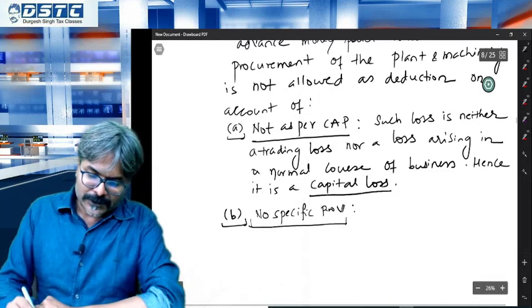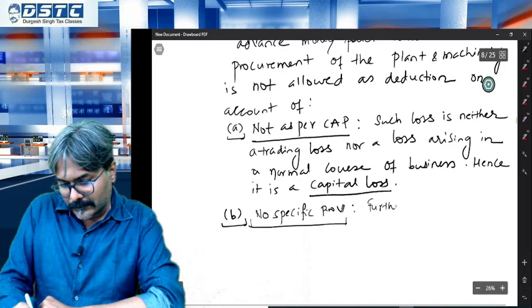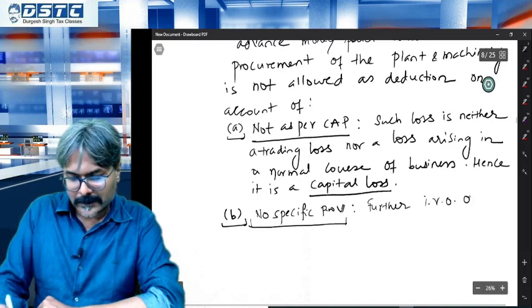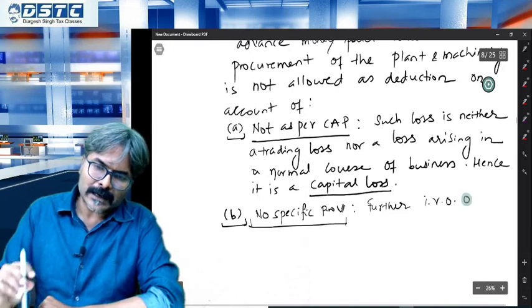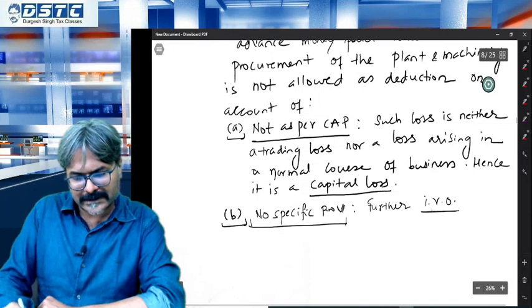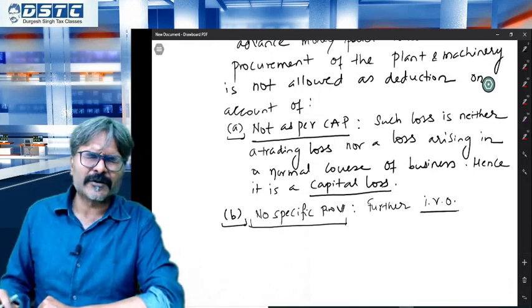So, no specific provision, students. Further, I.R.O. is a standard abbreviation for "in respect of" which you can use even in the examination.